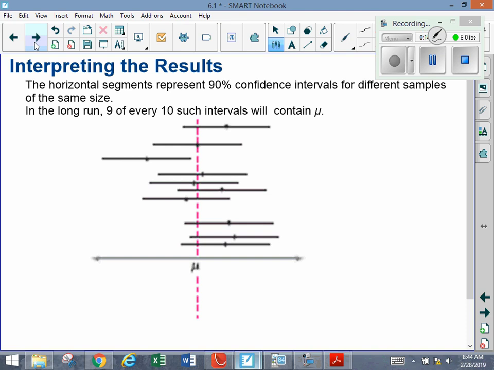So there's a picture of it. It looks like this. If I have the true mean here, then I have intervals of these widths. 9 out of 10 times I'll actually contain the true mean. So which one doesn't contain it? It's this one right here. That interval wound up not containing the true mean.